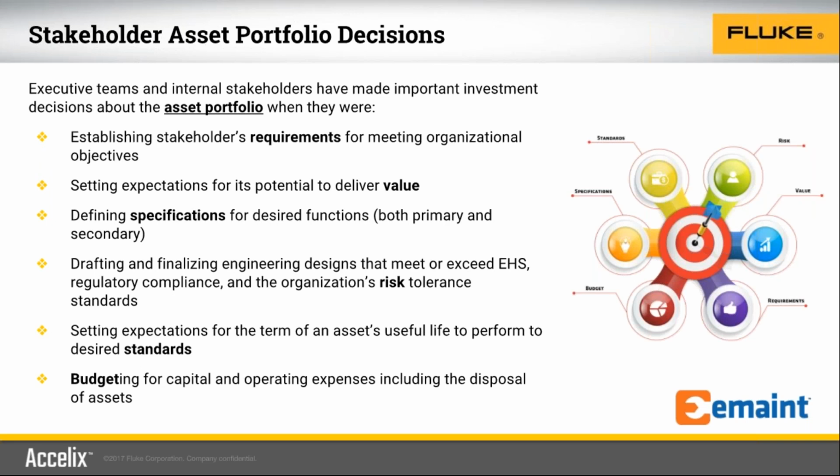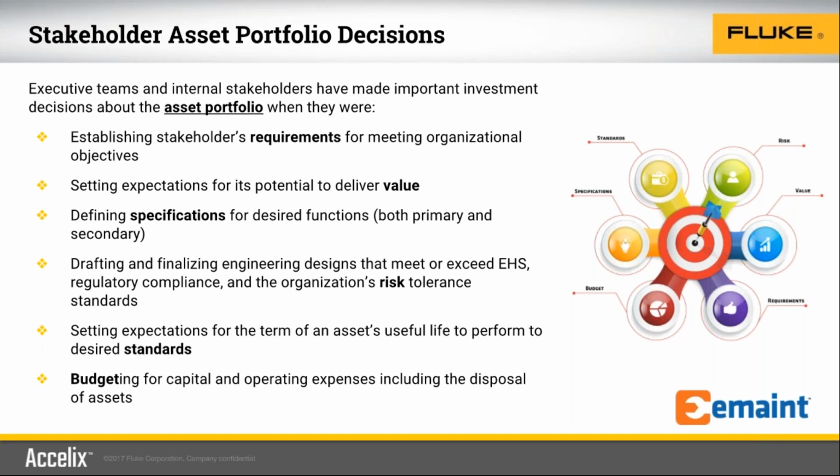So decisions are made, right? The organization has objectives, and they're looking at what do we want, what is our context in the world, in the community, and what do our shareholders want, and they make decisions specifically about the asset portfolio. And so they'll go over, in order, requirements.